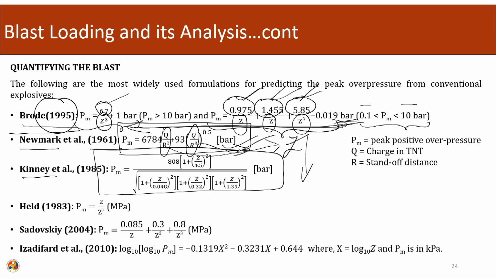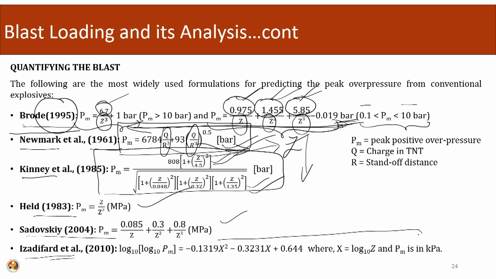It means that these factors are trying to mimic the actual nature of the blast event, and since that is very complex, this shows up in the equations becoming complex. Similarly, in 1983 Herald proposed one equation, Sadowski in 2004 also proposed one equation, and in 2010 Isadifard also proposed equations.